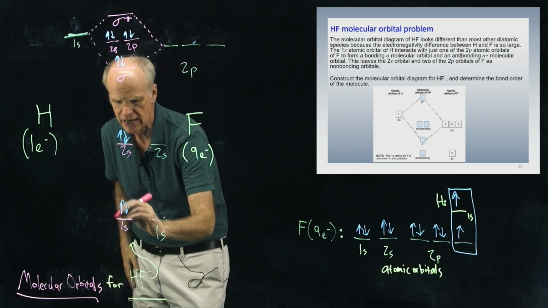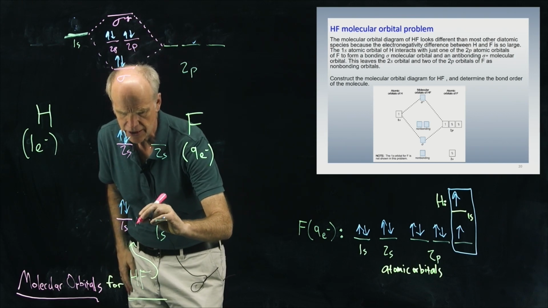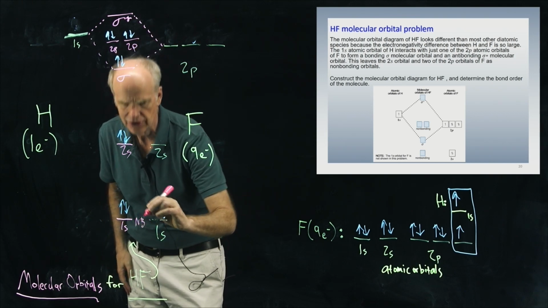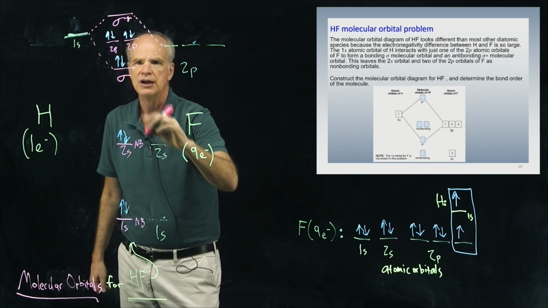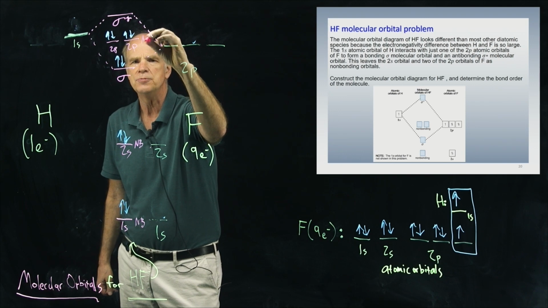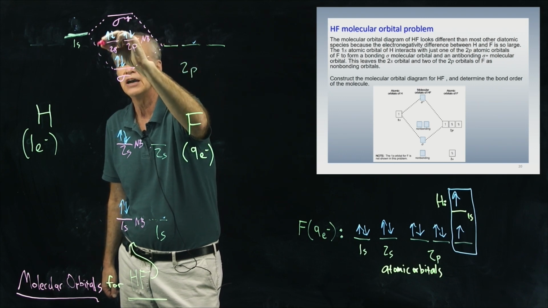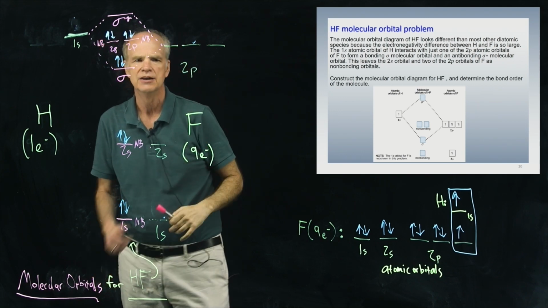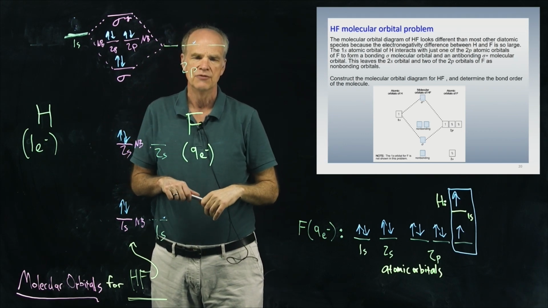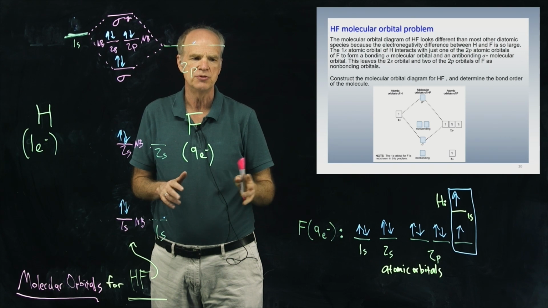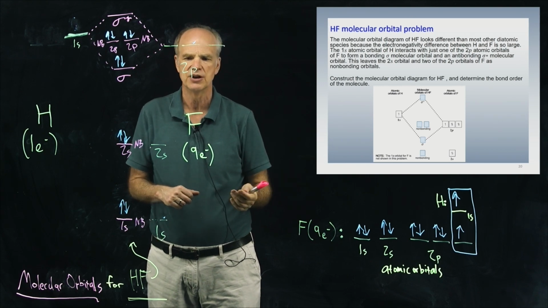And so to indicate that, I'm just going to write NB here beside the orbital. This is a non-bonding orbital. This one also is a non-bonding orbital. And then these 2p orbitals here are also non-bonding orbitals. Okay, so this is the correct configuration of the HF molecule. And so you should be able to answer your question on the ACHIEVE.